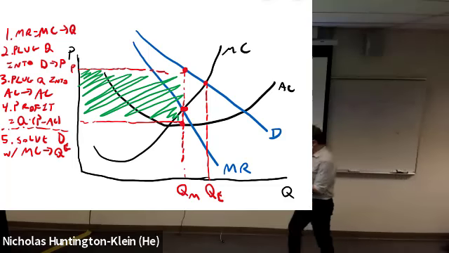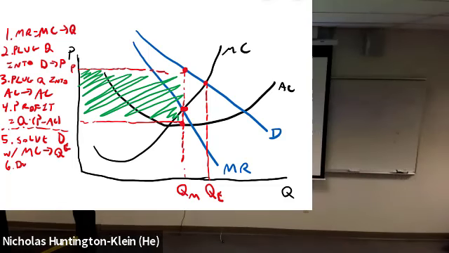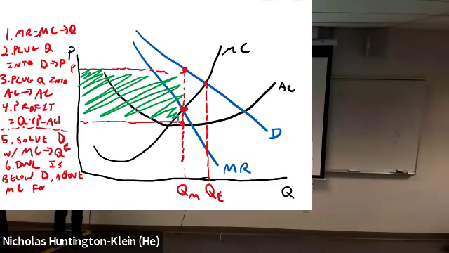Lastly, we want to get our deadweight loss. Below demand and above marginal cost for the units we should have sold.